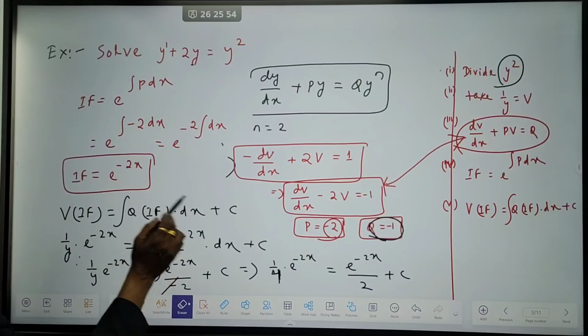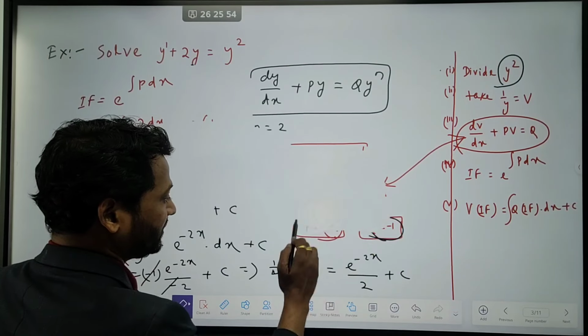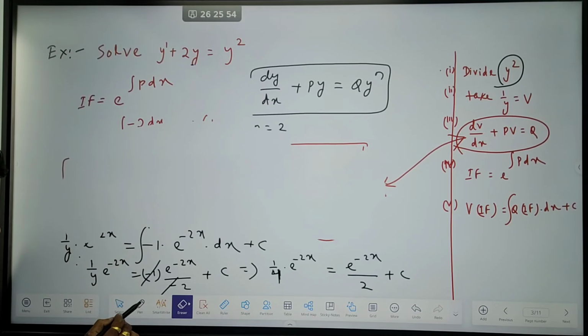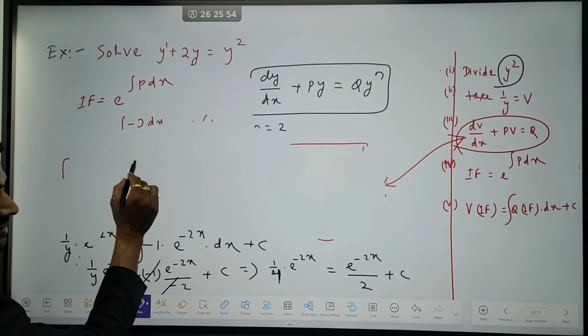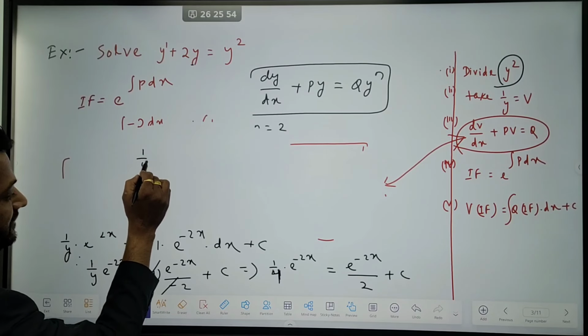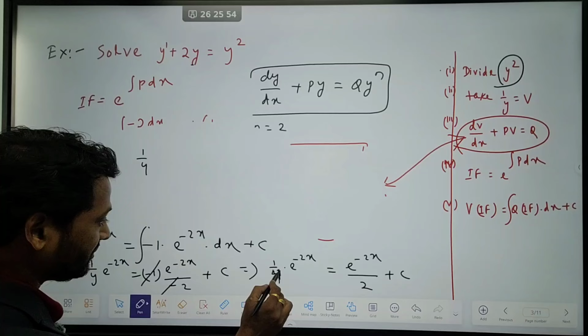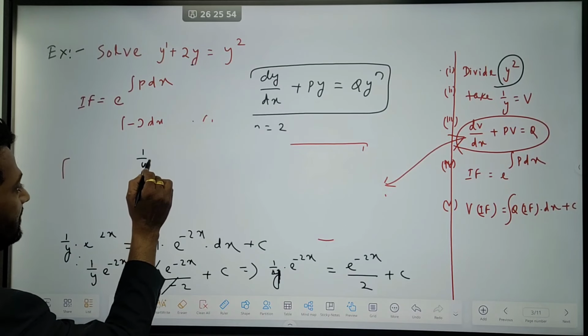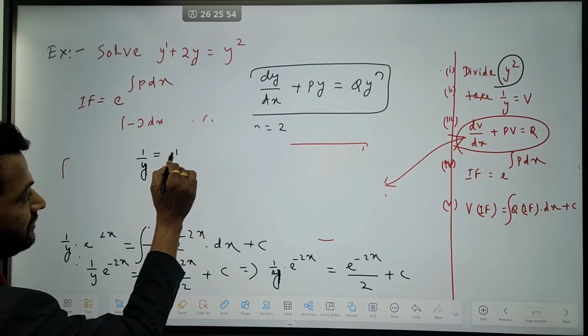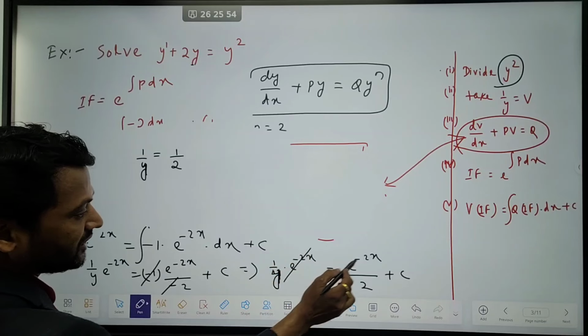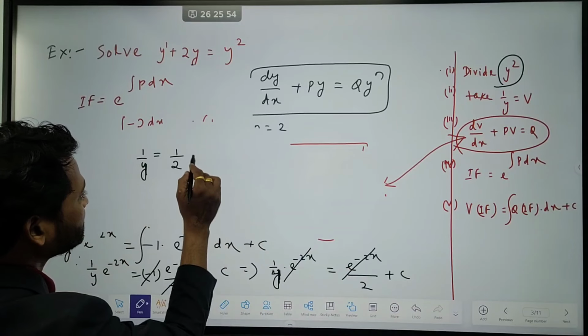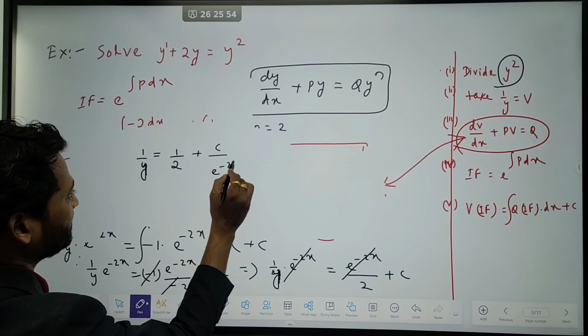So now you do one thing, you take common e to the power -2x, so it will be 1 by y is equal to 1 by 2. ठीक है, ये कैंसिल, इसमें डिवाइड कर लो, so plus c by e to the power -2x.